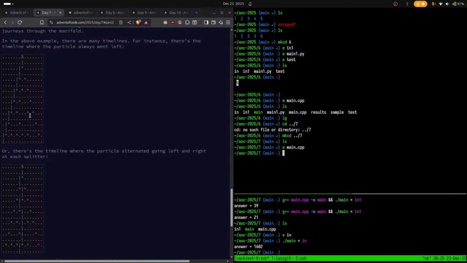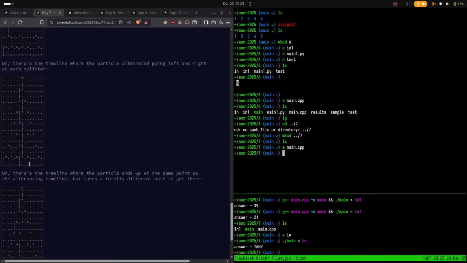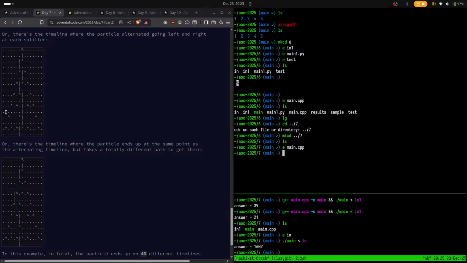I'm trying to understand whether they are asking how many different unique paths. I think one path will only be traversed once, because there is a single starting point and multiple ending points, so the path that is traversed will always be unique.